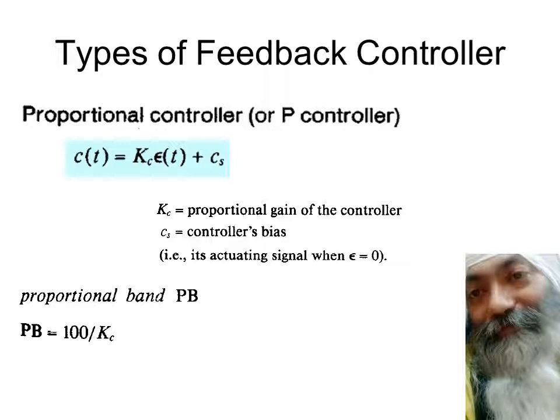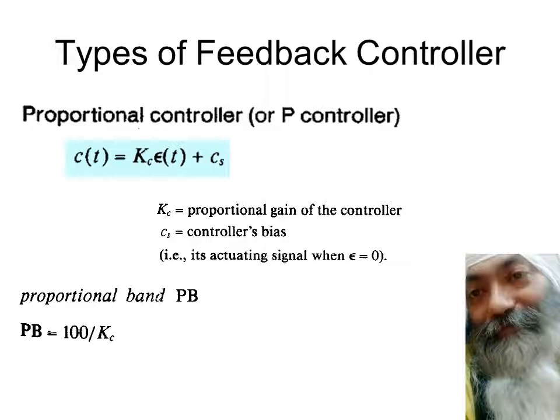So what's the meaning of this 5% or 100%? 5% means that in case the proportional band is 5%, you only need 5% error to bring about 100% change in the controller output. Only 5% change.